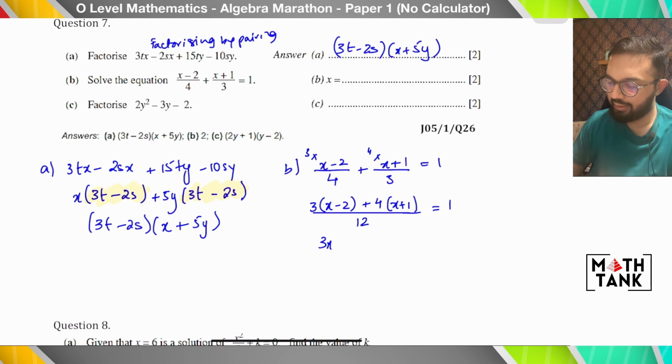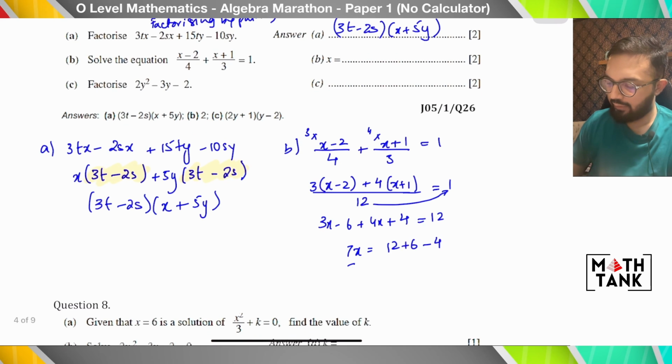So 3x minus 6, 4x plus 4, and that 12 gets cross multiplied equals to 12. So I get 7x equals to 12 plus 6 minus 4. 7x equals to 14. X equals to 14 divided by 7, which is 2.